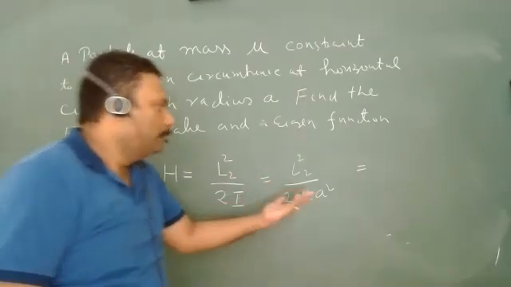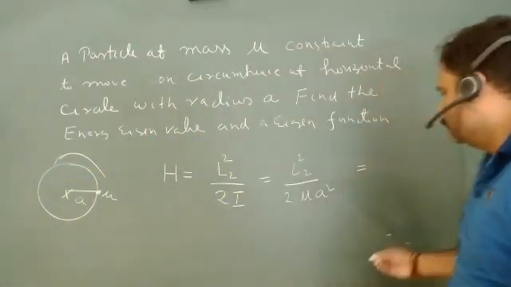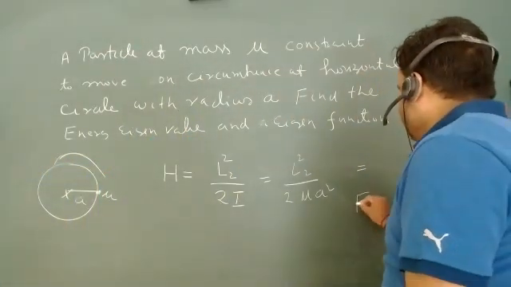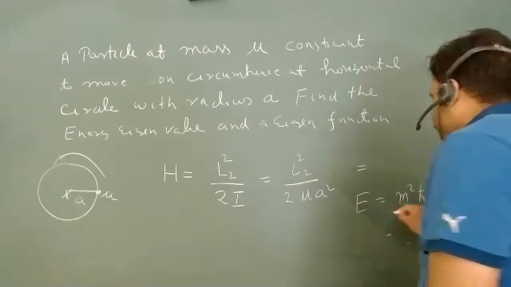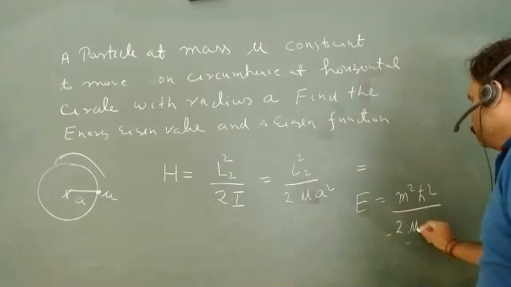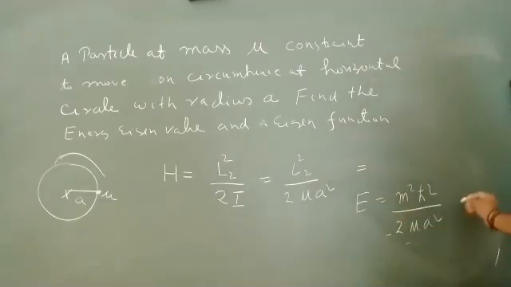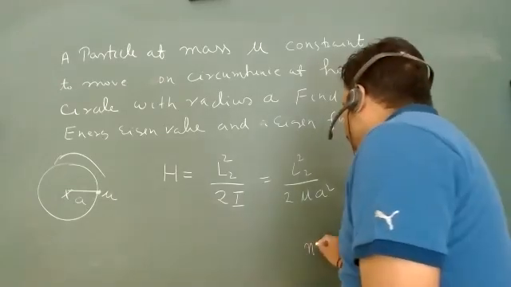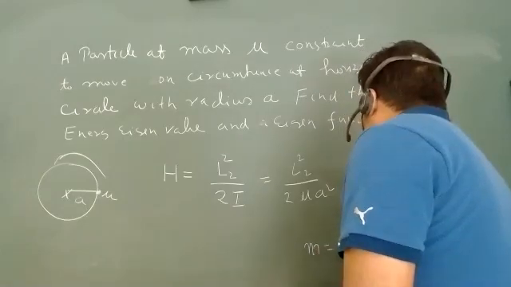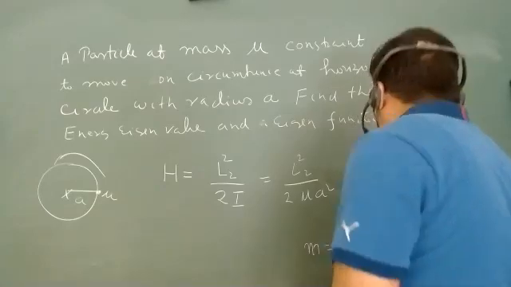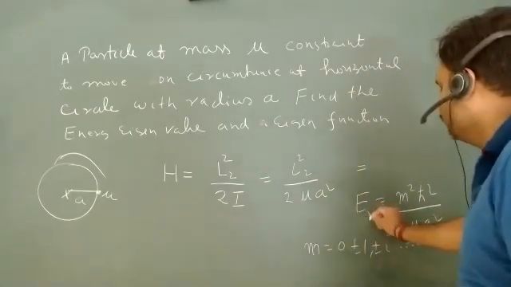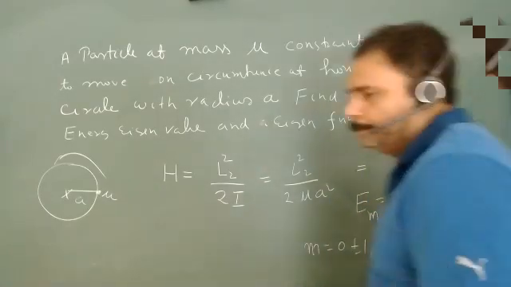m h cut, obviously m square h cut square. So E is equal to m square h cut square upon 2 mu A square. And what is the value of m? m will be 0, plus minus 1, plus minus 2 and so on. So this is the eigenvalue, and you can see this is discrete.